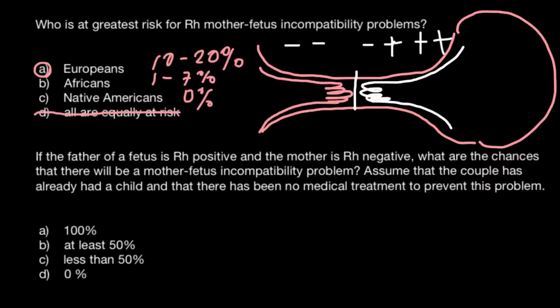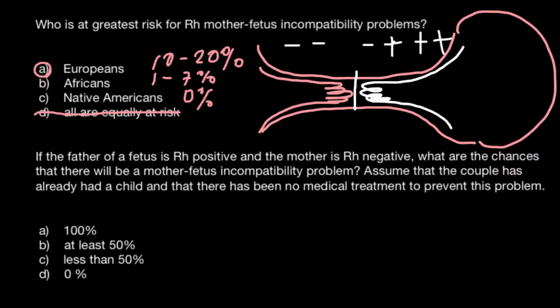Next question. If the father of the fetus is Rh positive and the mother is Rh negative, what are the chances that there would be a mother-fetus incompatibility problem? Assume that the couple has already had a child and that there has been no medical treatment to prevent this problem. So we know the genotype of the mother because we know that the mother is Rh negative.